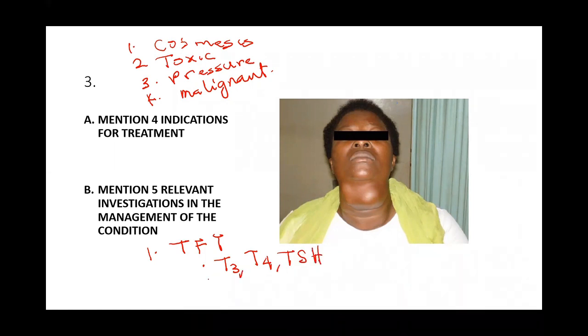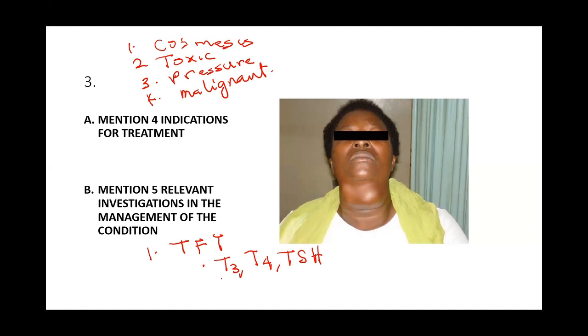You should know that T3 is the active form of the hormone, triiodothyronine. T4, tetraiodothyronine, is thyroxine. Most of the thyroxine, T4, is converted to the active form, which is T3. So there's peripheral conversion of T4 to T3 because T3 is the active form.